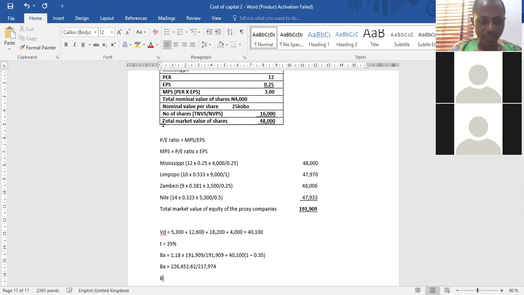So beta of assets is 226,452.62 divided by 217,974, so we have 1.04. That's the beta of asset.